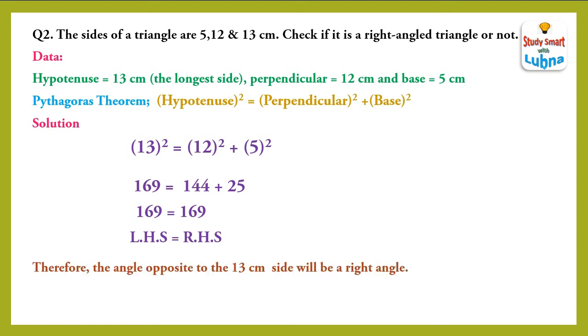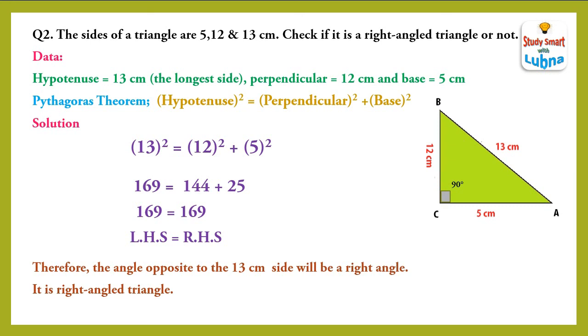Therefore the angle opposite to the 13 centimeter side will be a right angle, like this. This is the figure we have drawn for this triangle. So we can say the angle opposite to the 13 centimeter side, or hypotenuse, is a right angle, that is of 90 degree, and the triangle is a right angle triangle.